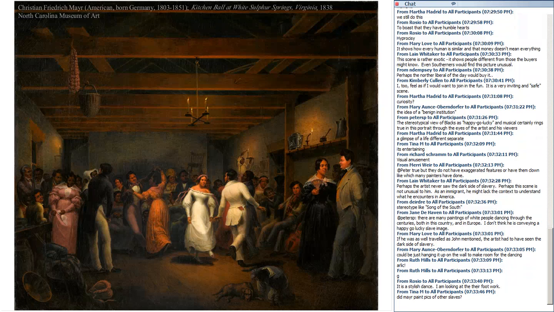Well, I'm not in any way saying that Christian Mayer had a political agenda. Okay, all right. I think this kitchen ball actually happened, and it's somewhat confirmed by Frederick Marryat, who said that the people in the painting were known to him.